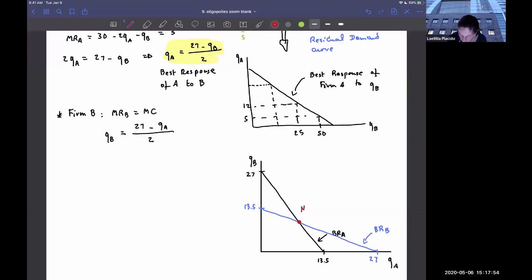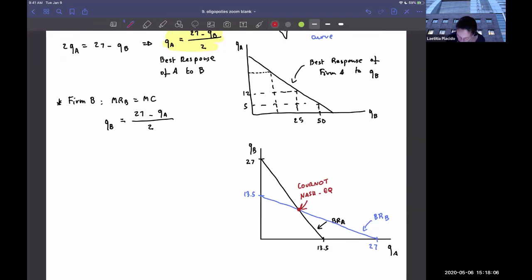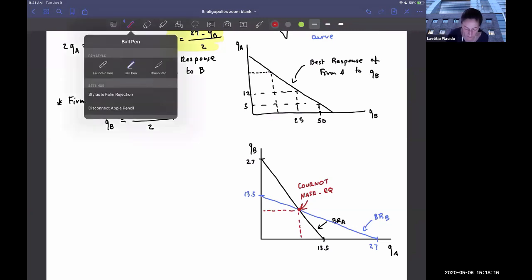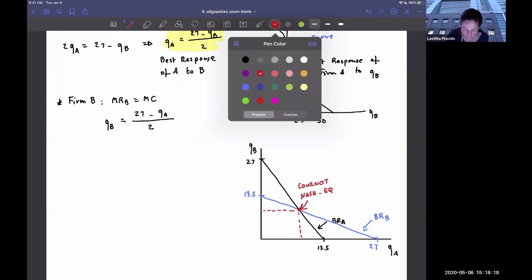We call it the Cournot-Nash equilibrium. So now that we know how to find the Cournot-Nash equilibrium, let's find the optimal quantities QA and QB.